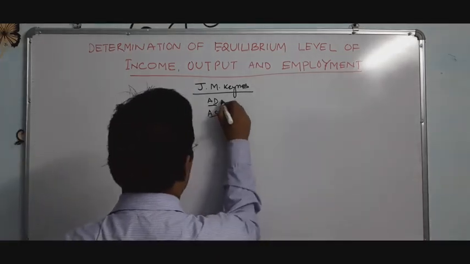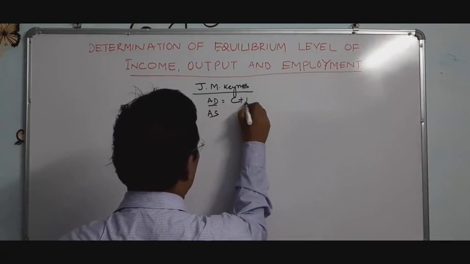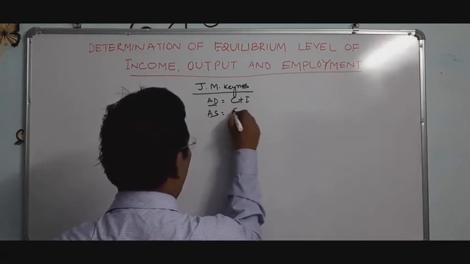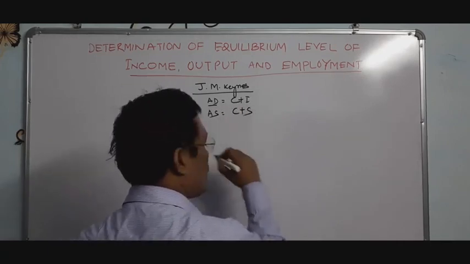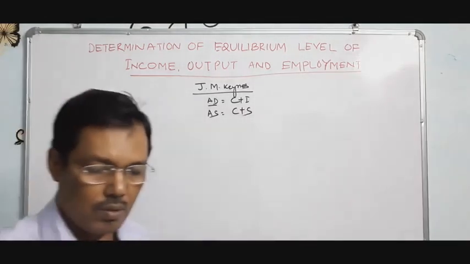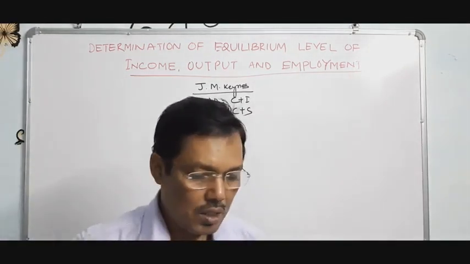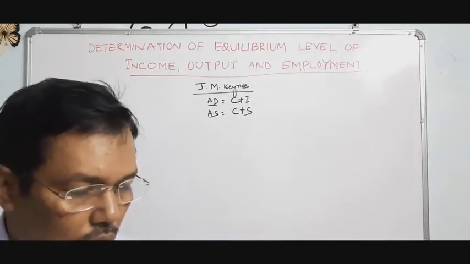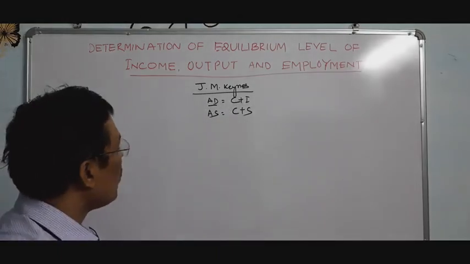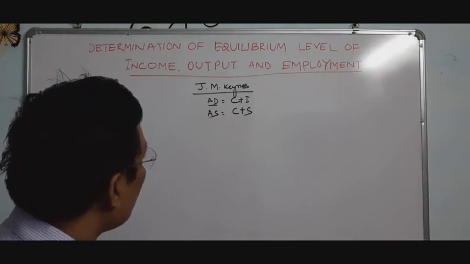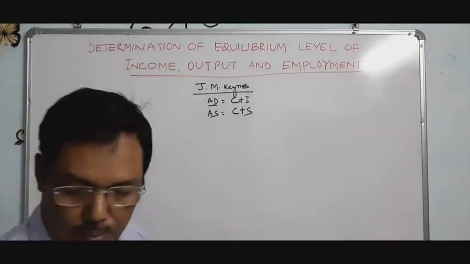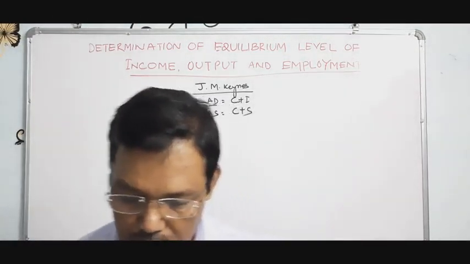According to J.M. Keynes, aggregate demand equals consumption plus investment, and aggregate supply equals consumption plus saving. We have already discussed this.